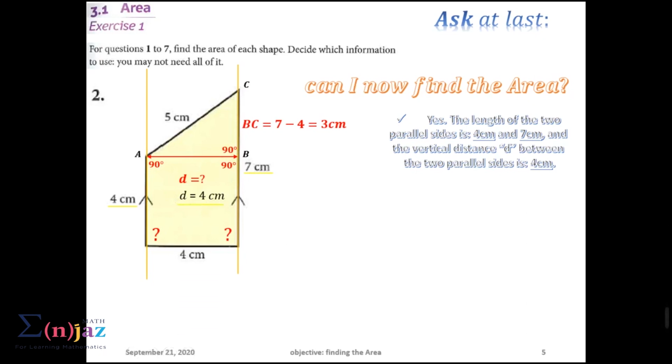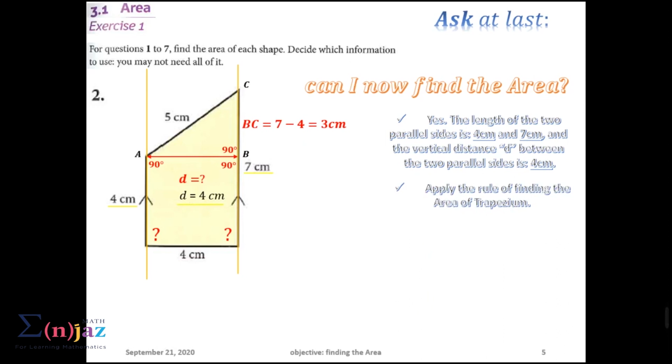Let's write now. I underlined on the diagram every single number that I need to use in the formula of finding the area of a trapezium, so that I know which numbers I have to use. So apply the rule of finding the area of a trapezium. What is the rule?